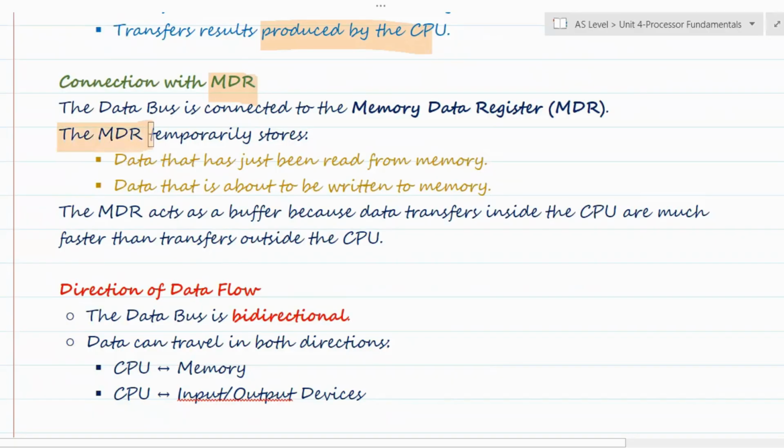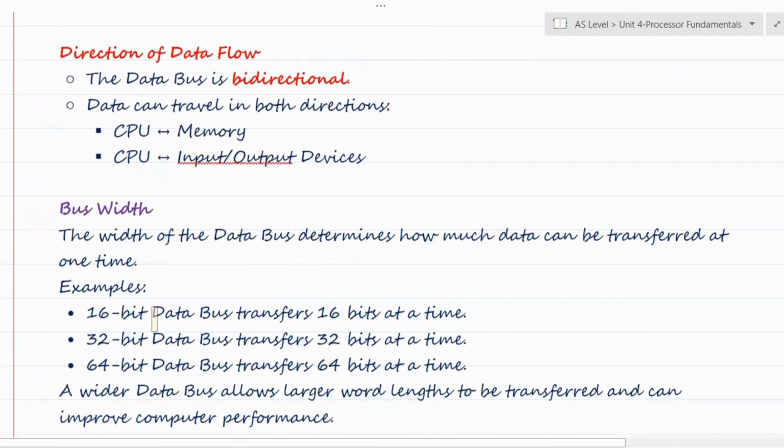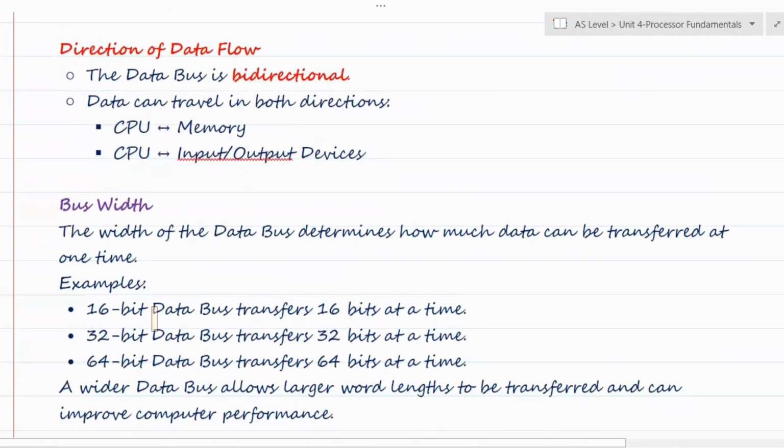Now, MDR temporarily stores data that has just been read from memory or data that is about to be written to memory. So MDR acts as a buffer because data transfers inside the CPU are much faster than transfers outside the CPU.